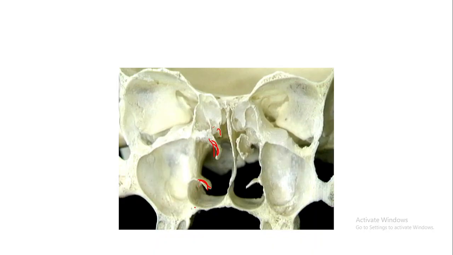The lateral wall is again formed by the maxillary bone, the sphenoid bone, and the palatine bones. So anteriorly, this is the maxillary bone. Posterior to this, there is the presence of the sphenoid bone, and there is the palatine bone also posteriorly, which takes part in formation of this lateral wall of the nasal cavity.